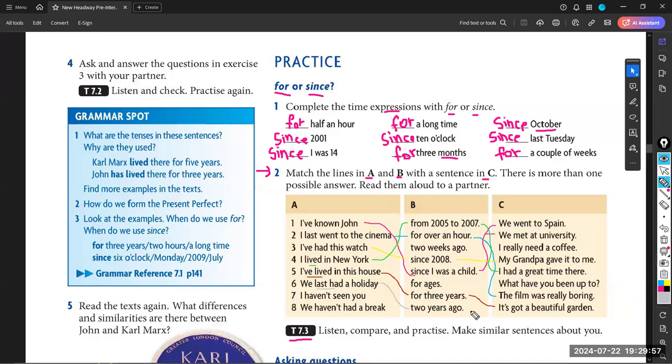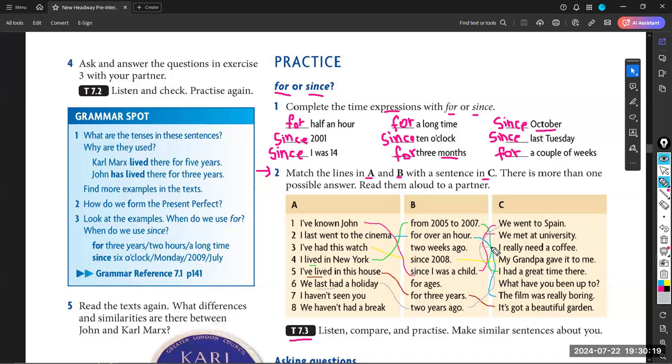Some of you said I really need a coffee. Others said we went to Spain. Okay, let me match this. We went to Spain.